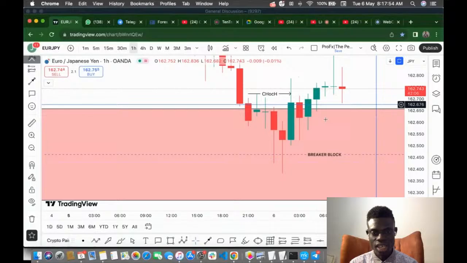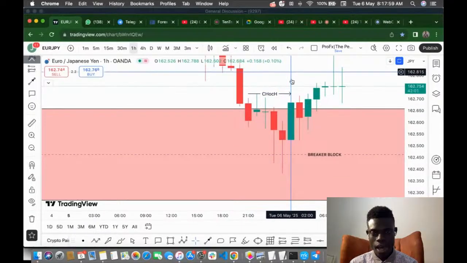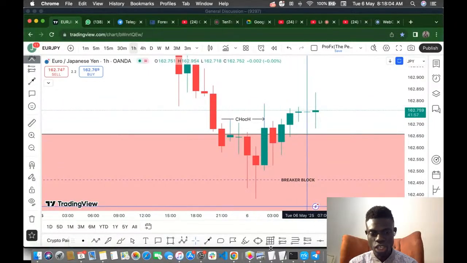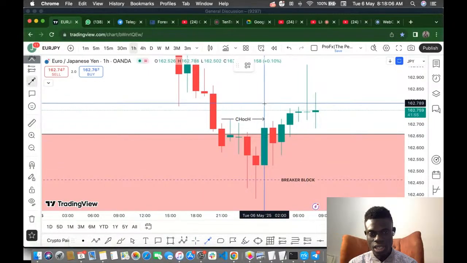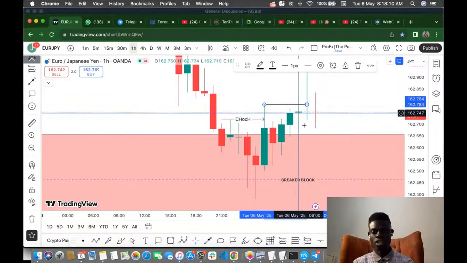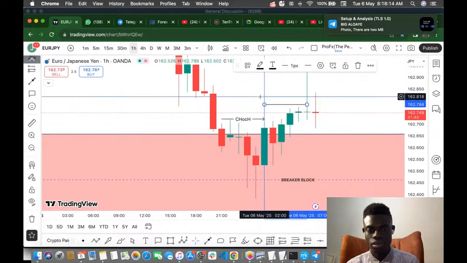You have seen a lower high, lower low, higher high, and a what? Break of structure. So beyond just a change of character, we have seen a break of structure, but with wicks. This break is having wicks, but it's still a break.